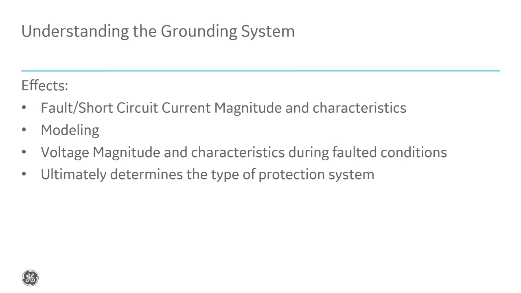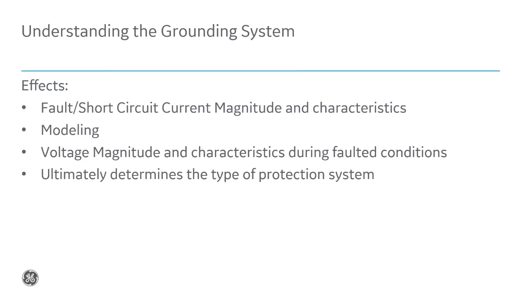So grounding, why does it need to be looked at? As I mentioned, it depends on the type of protection that we're going to be using, and that's because the type of grounding method will, as we'll see, vary the amount of short circuit current that's going to be involved in our power system.